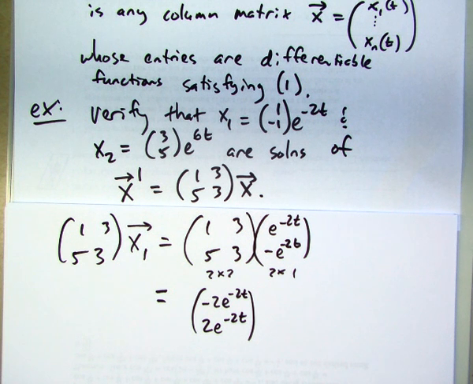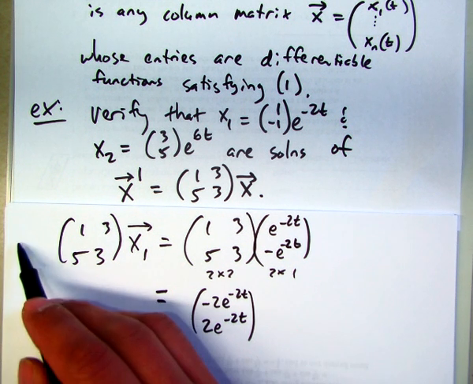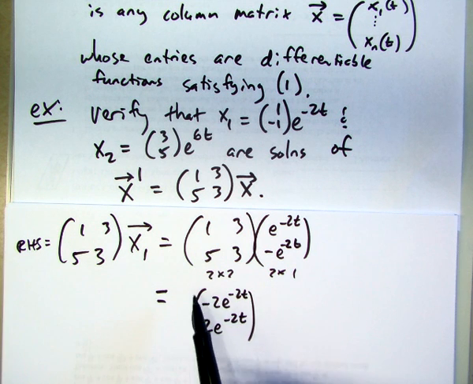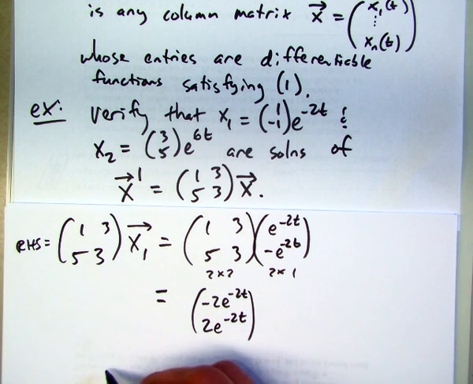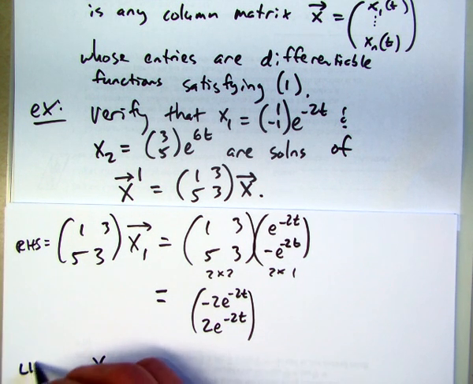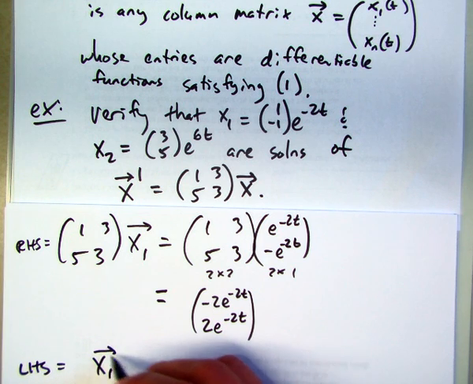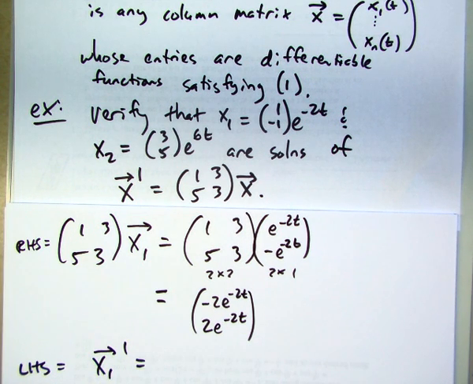So there's the right-hand side of the original system. If I go ahead and compute the left-hand side, which is just the derivative of x1 prime.